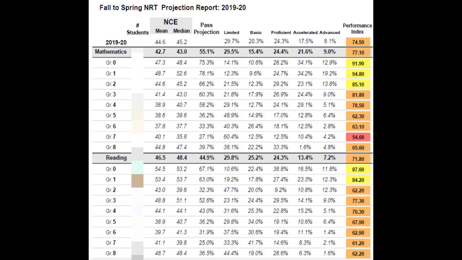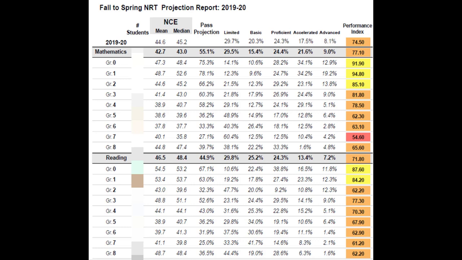And finally, on the last page of the report is a detailed breakdown of the current administration. And reminder, we're back to projections from the fall to the spring. So all the performance index and pass projections and so forth, those are all calculations based on a projection of where those students are expected to be by the spring. So again, we're looking at fall to spring. The next version of the report, the winter one, would say winter to spring projection.